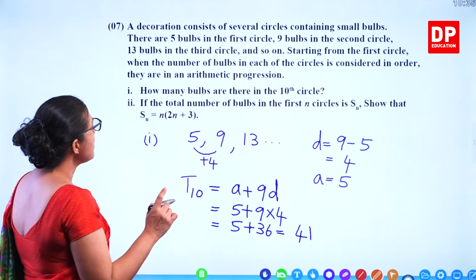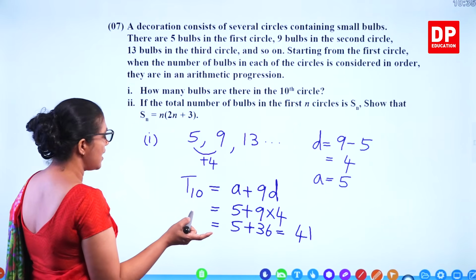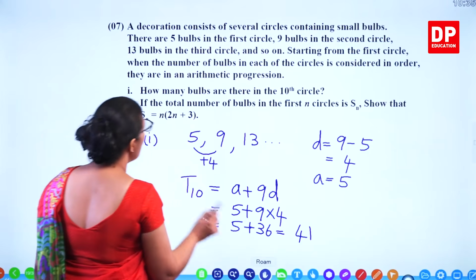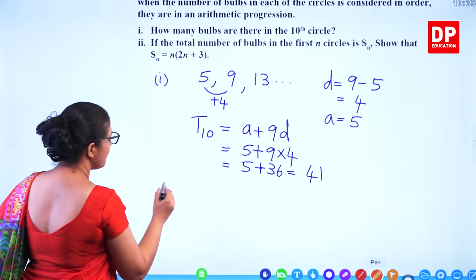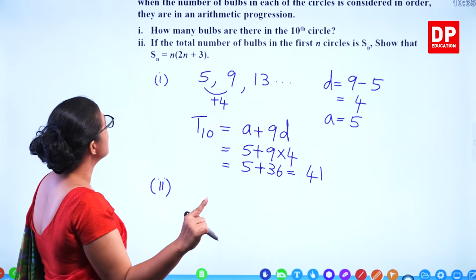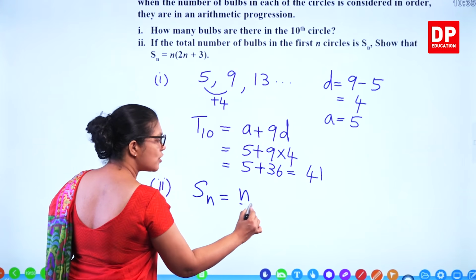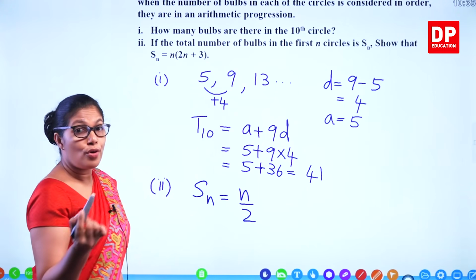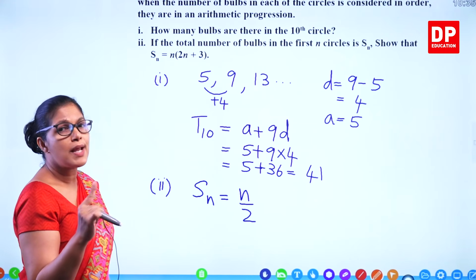And if the total number of bulbs in the first n circles is Sn, show that Sn equals this. So that's the second part. Total for n circles, Sn. So what's the formula? n over 2. You don't know how many bulbs are there in n circles, so you don't use a plus l.